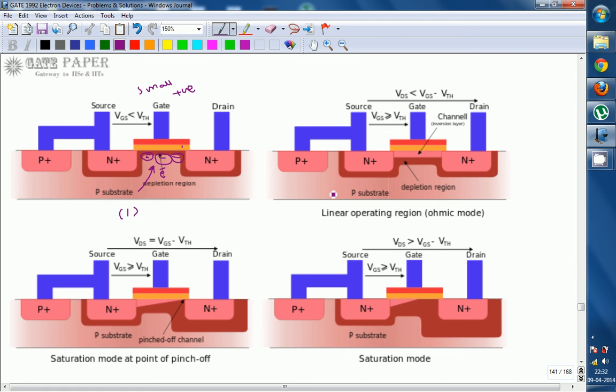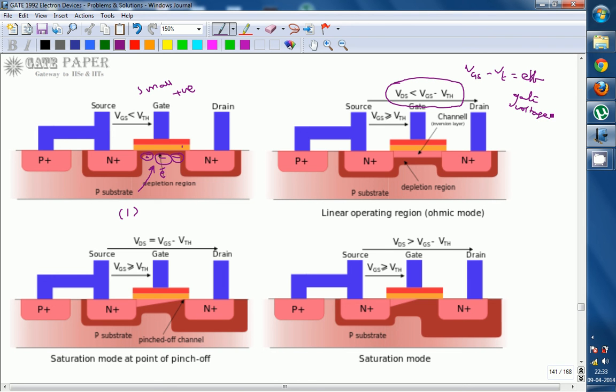This case happens whenever VDS is lesser than VGS minus VT. Remember that VGS minus VT is called the effective gate voltage.